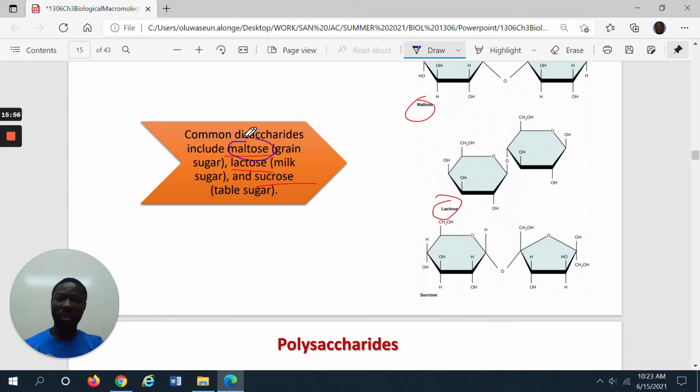Maltose is grain sugar. You see that in your malt drinks. Then your lactose is what you see in milk, and that's why someone that has lactose intolerance does not take milk, because the enzyme lactase is not present in the individual.